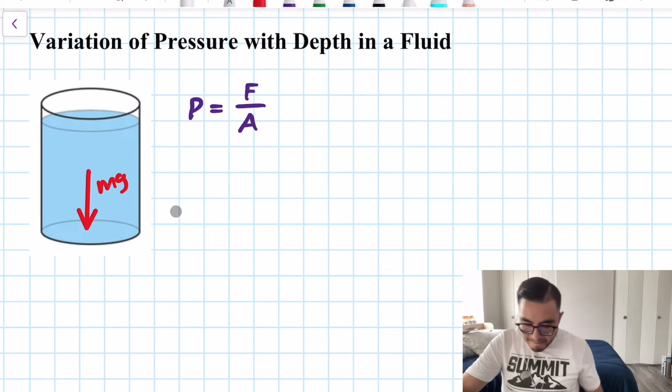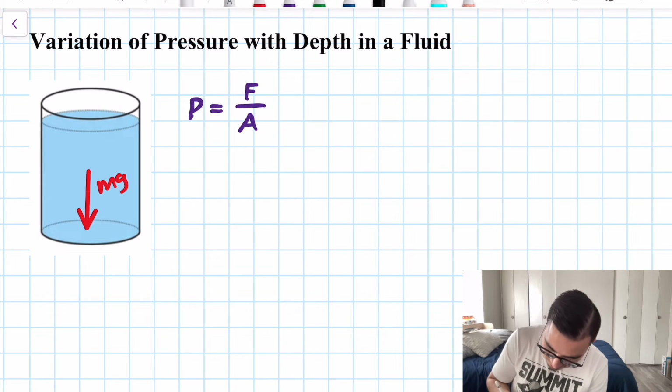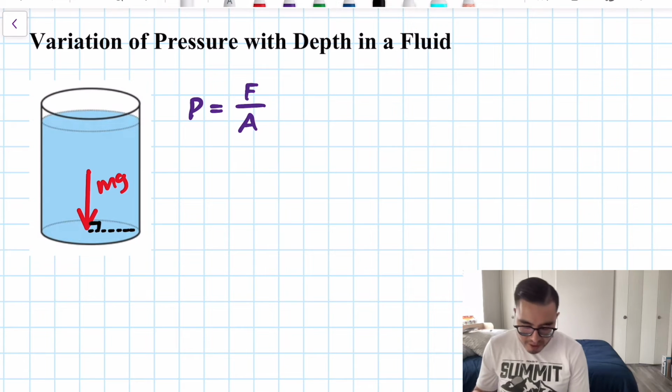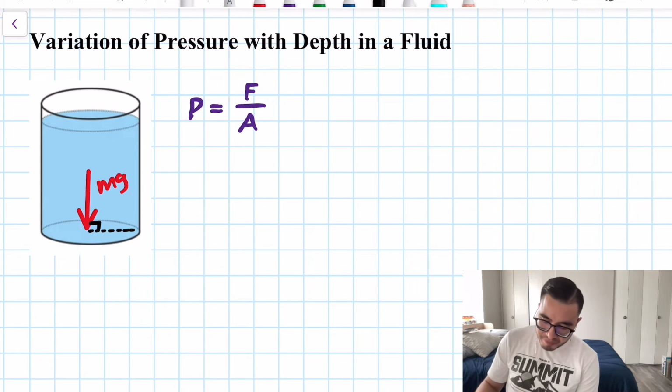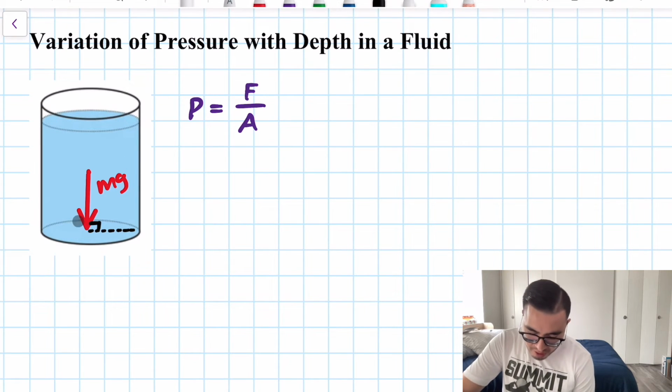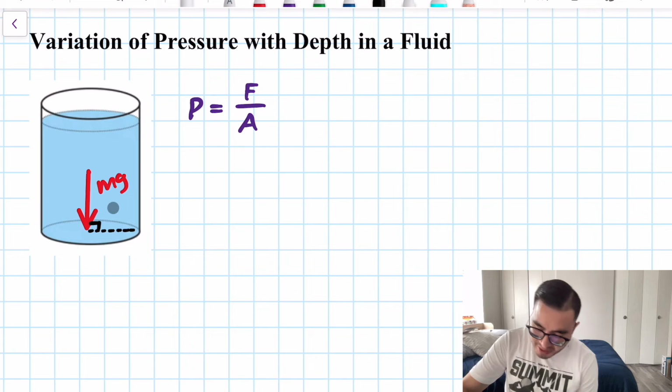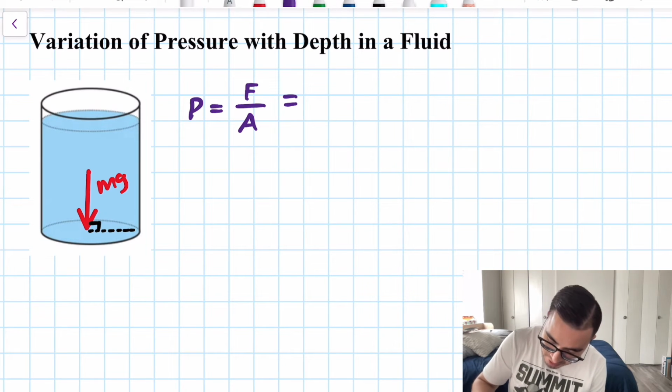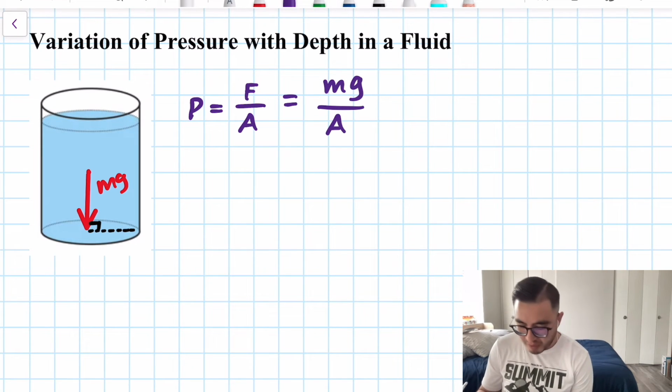Notice that it's perpendicular, right? That's the radius. So that means we can say, all right, the pressure by this fluid on the container is the weight of the fluid divided by the area. All right, so far so good.